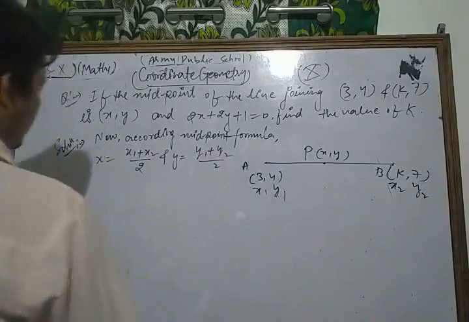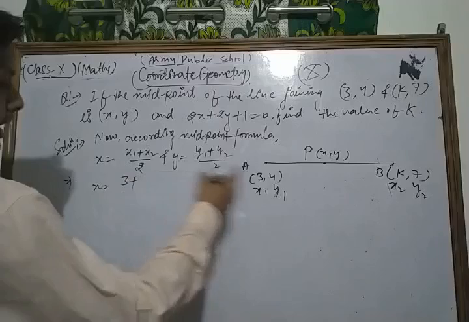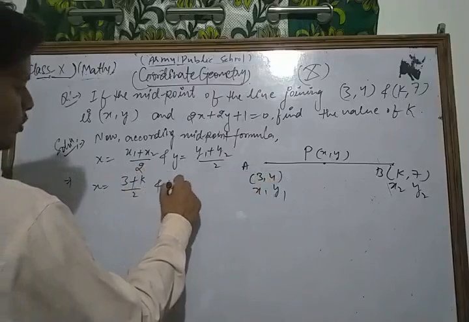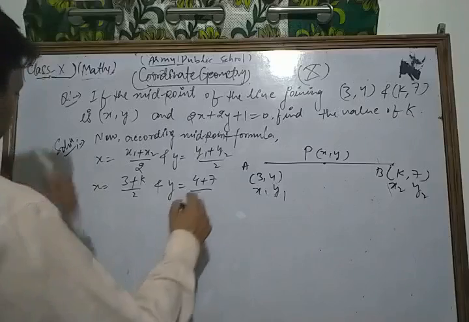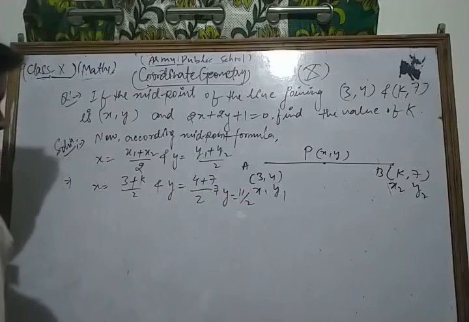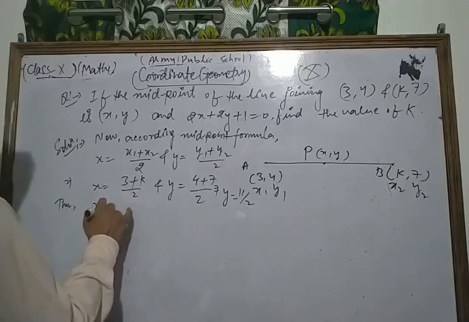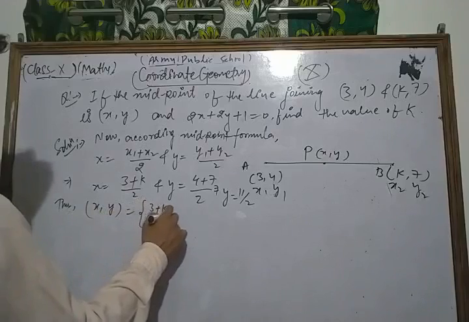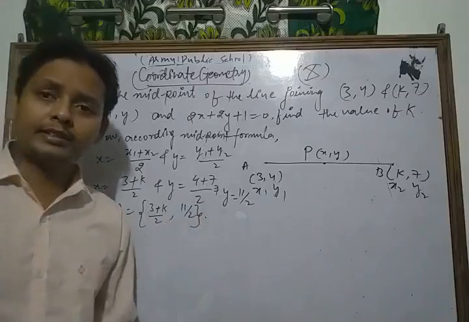Using it, x1 is 3 plus x2 is k, upon 2. And y is equal to y1 which is 4 plus y2 which is 7, upon 2, which is 11/2. Thus the value of (x, y) is ((3 plus k)/2, 11/2).